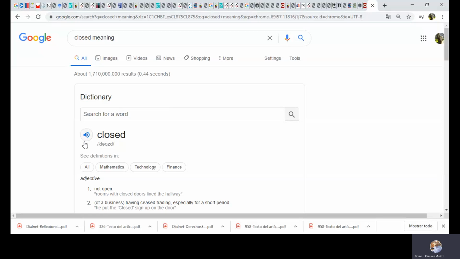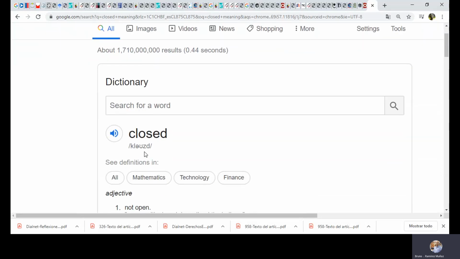Okay, closed. I'm going to make it larger. So closed. As you can see here, the final sound here is voiced z, so the final sound should be voiced as well. Closed. Okay, let me go back to share the PDF file.